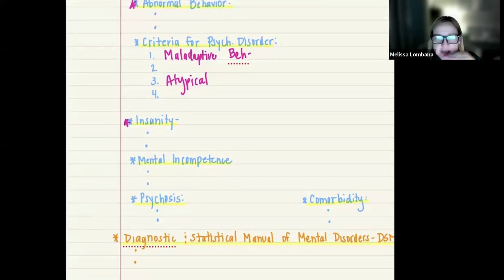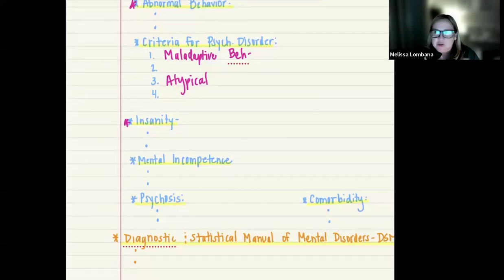And comorbidity is basically, and you see this a lot in the actual DSM-5, which I'll talk about now. And this is typically when there's a presence of two or more disorders at the same time. And then, of course, this is a controversy because sometimes some symptoms of one disorder overlap with symptoms of other disorders.